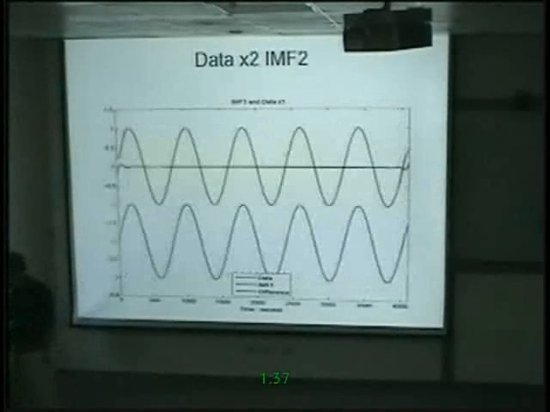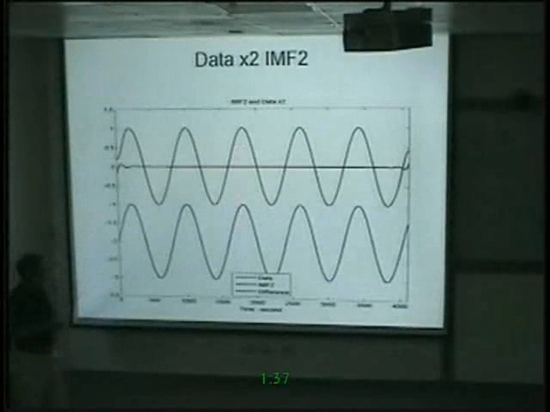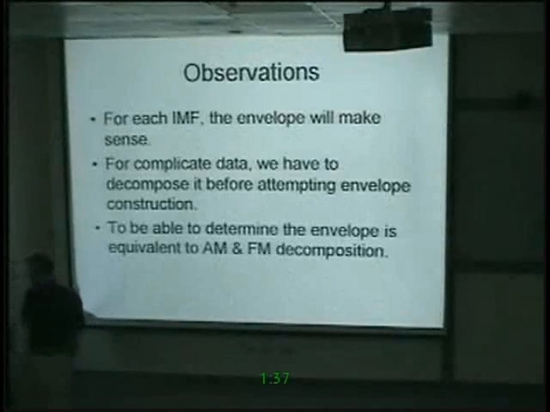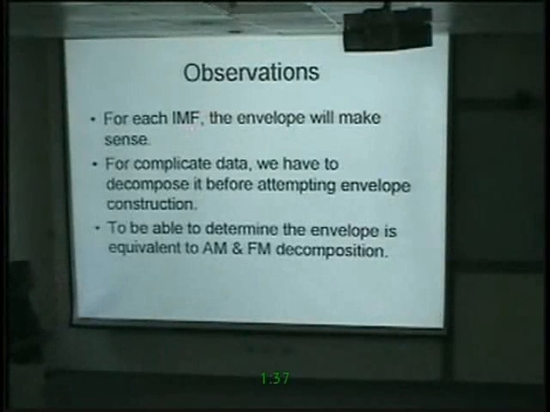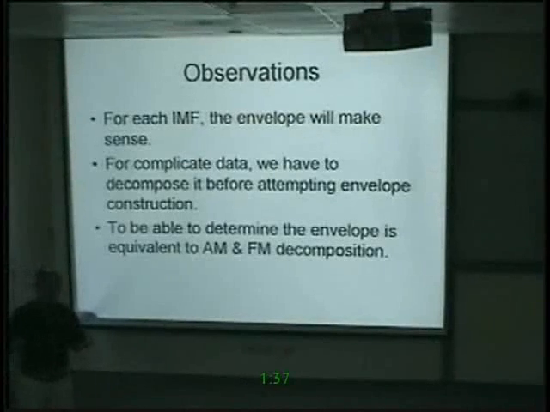And this is the second component compared with the data. With that, we will see that for each IMF, the envelope makes sense. So for complicated data, we have to decompose the data into IMFs before we attempt AM/FM decomposition. To be able to determine the envelope is equivalent to AM/FM decomposition.